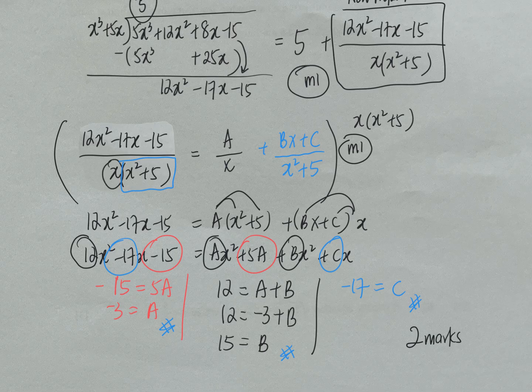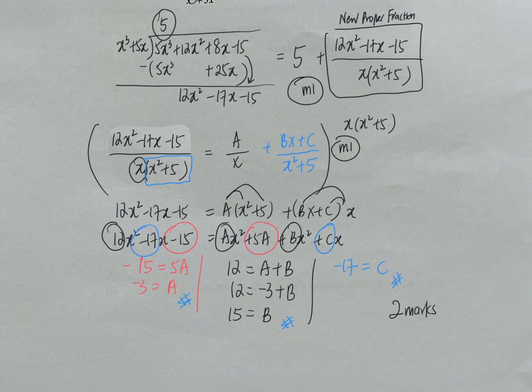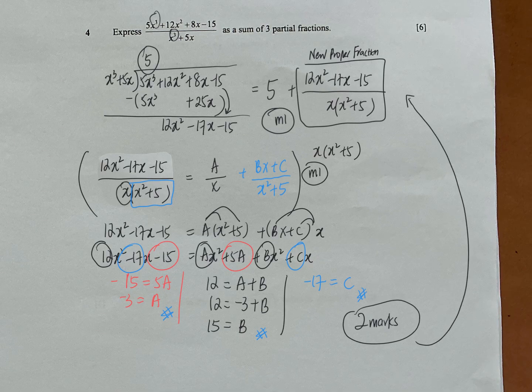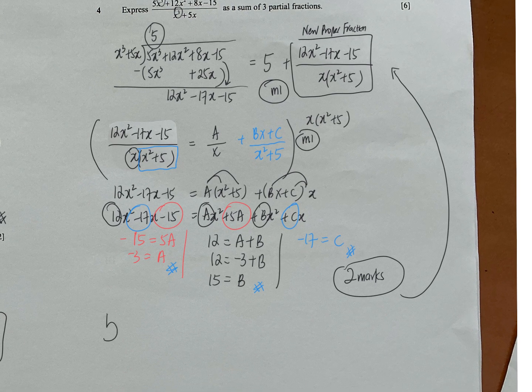So once you get your A, B, C, that's 2 marks here. Any one mistake -1. Okay, last mark is to put everything back here. So your answer is 5 whole. -3 over x. Your A is -3. Remember to simplify it. Instead of putting plus -3, you should put -3 here.